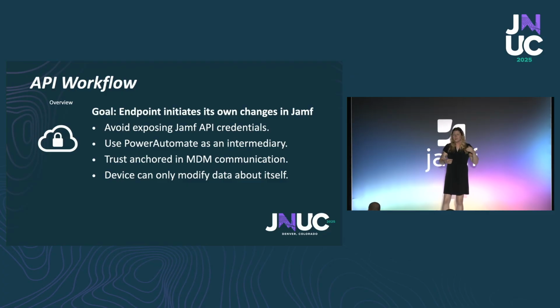And for that, we're going to use Power Automate as the intermediary, and then use the trust that is anchored in MDM to facilitate the communication of a key that can be used to request specific actions through Power Automate. The goal here is that only that device can modify information about itself and for a narrow amount of time.